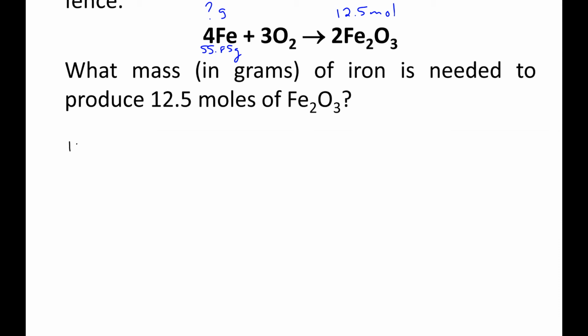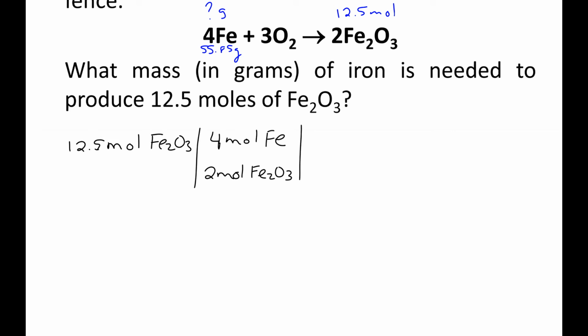So the first step is doing a mole to mole conversion. So I'm going to write down 12.5 moles of Fe2O3, and 2 moles of Fe2O3 here and 4 moles of Fe. Now, instead of figuring out what that's equal to, I'm going to put the next step in, which is multiplying by molar mass. That means the 1 mole of Fe is on bottom, and I know that because I have moles of Fe on top, and 55.85 grams of Fe.